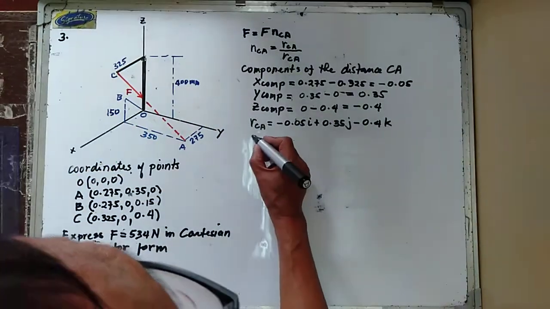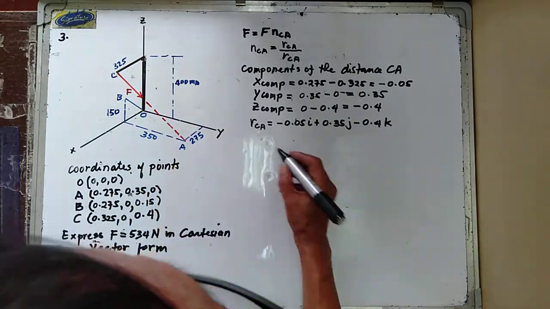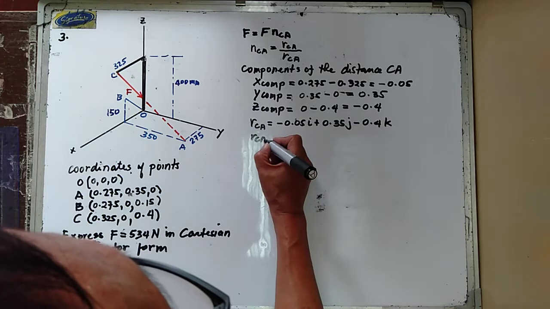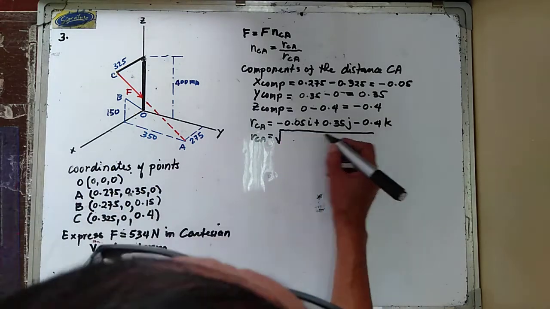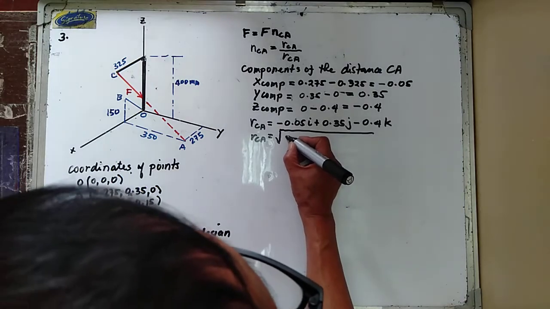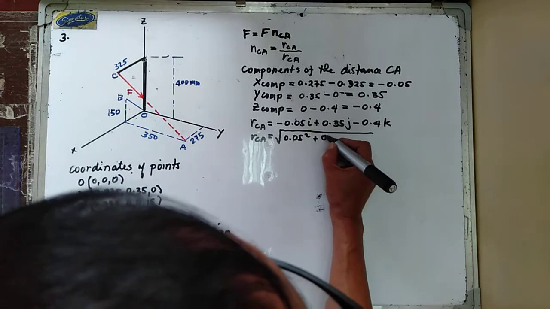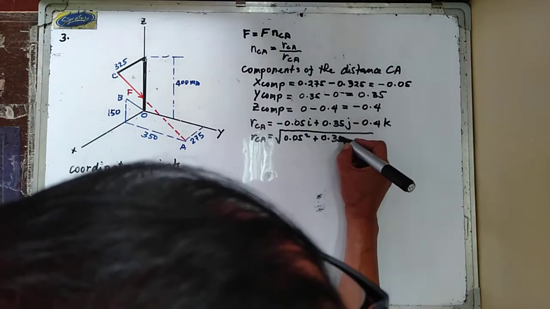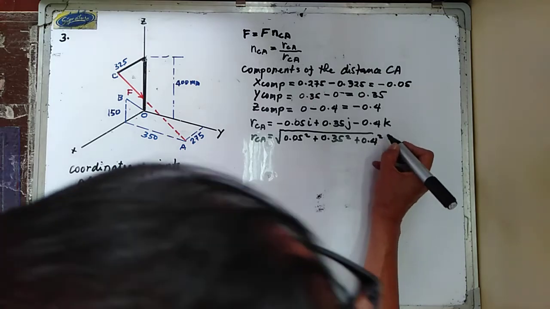And the magnitude of this vector distance CA is equal to the square root of 0.05 squared plus 0.35 squared plus 0.4 squared.